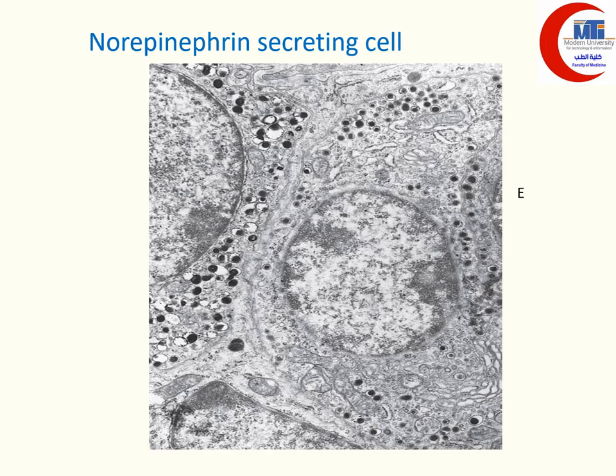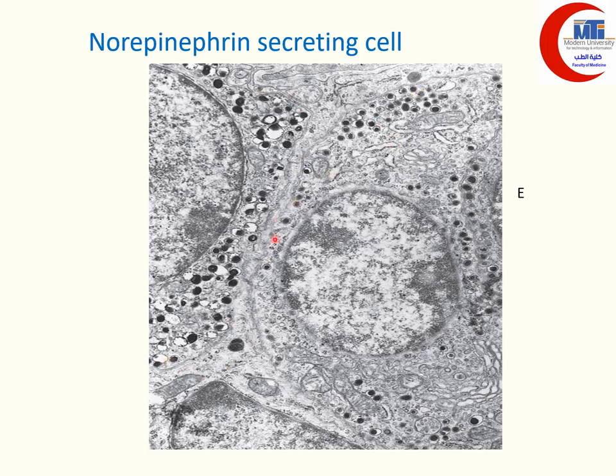We mentioned that by electron microscope, or at the ultrastructural level, we have two types of chromaffin cells: epinephrine secreting cells and norepinephrine secreting cells. This is an electron microscopic picture of norepinephrine secreting cells.